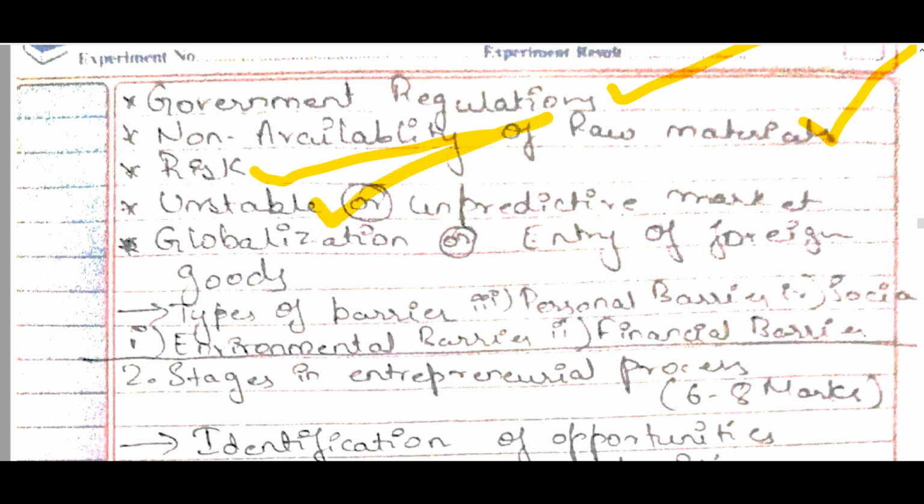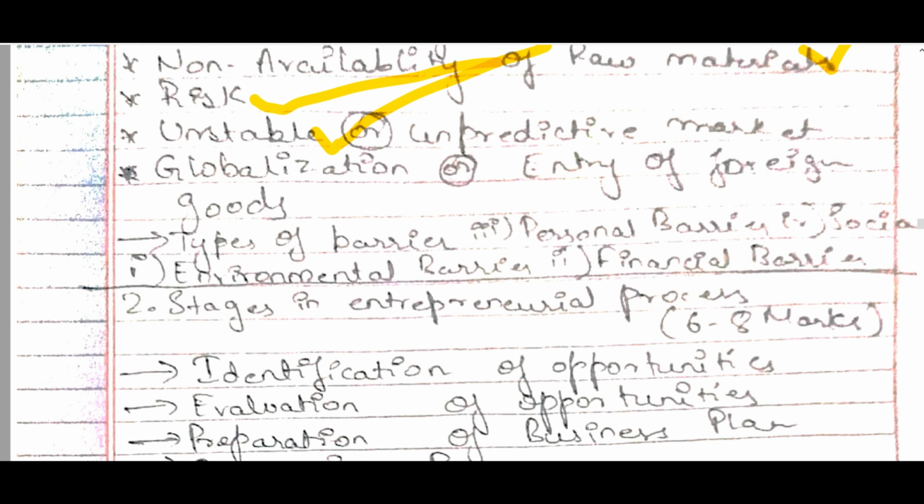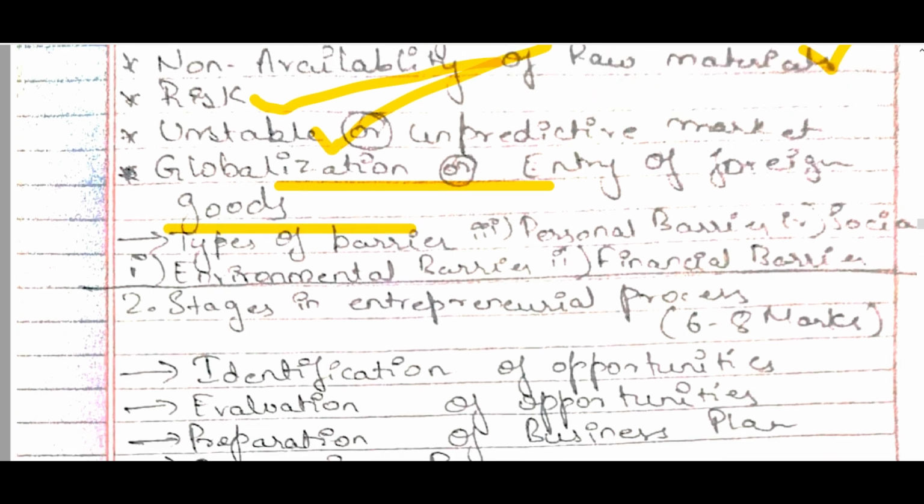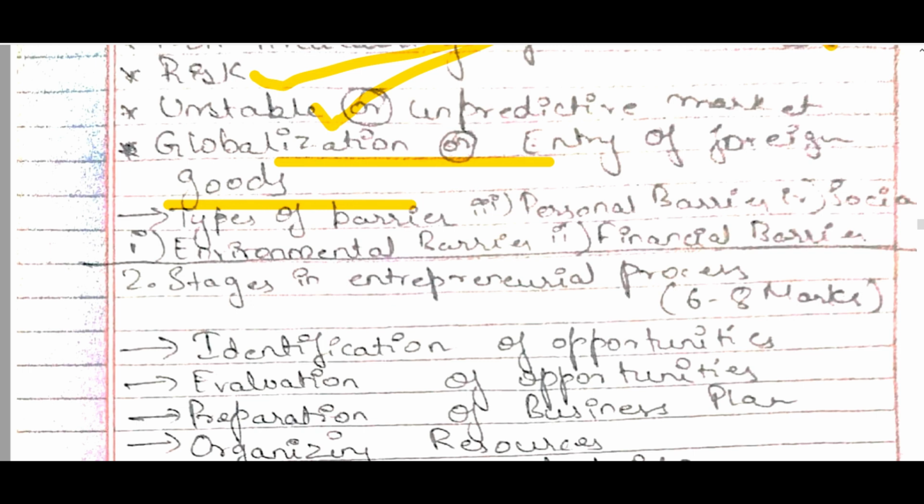The Indian market is very unpredictable and undistributed. Globalization or entry of foreign goods. If we are starting an e-commerce company in India, like Snapdeal, the business of Snapdeal was totally destroyed when Amazon entered the Indian market.